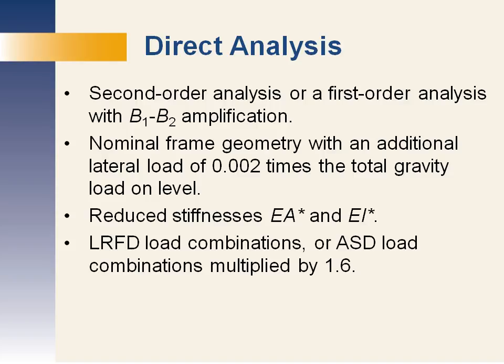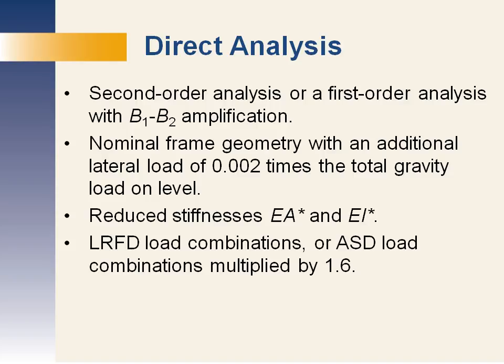And so we take the vertical load, we multiply by 0.002, and we put a fictitious lateral force. You can put it at each floor level, you can put it at each column node, you can do it however you want, but you can put notional lateral loads, and what that does is it accounts for the initial lean of the columns.